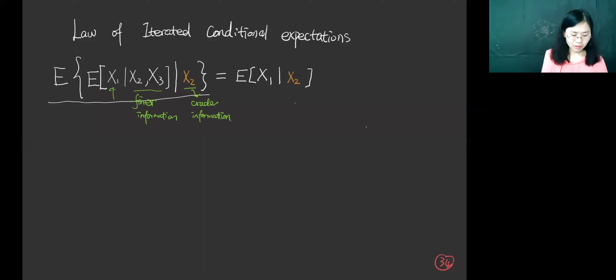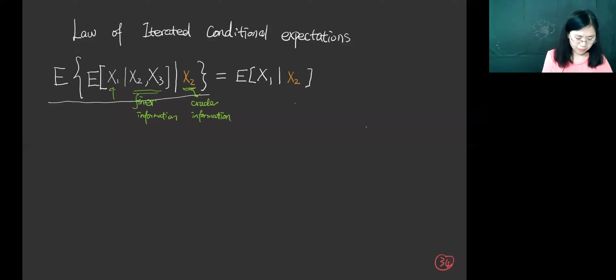So the more conditioning variables there are, the more information is revealed, because the realizations of two random variables are known. That is more information than when only the information about one variable is revealed.